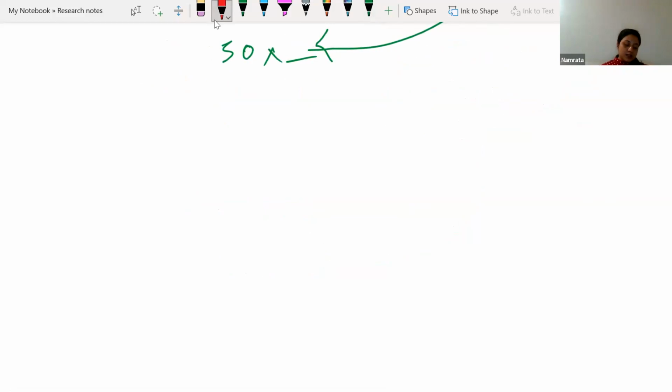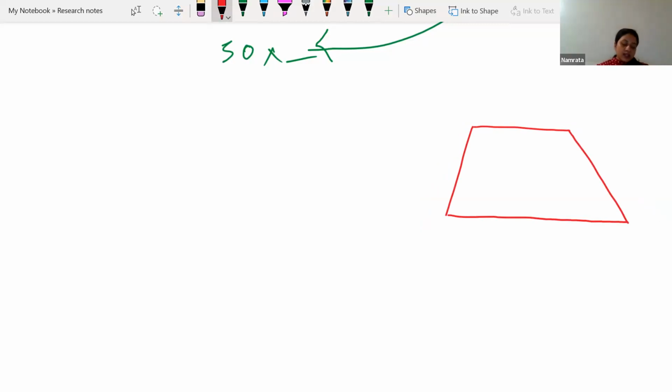A field is in shape of trapezium. We are having a field which is in shape of trapezium. I'm drawing a trapezium like this, okay?